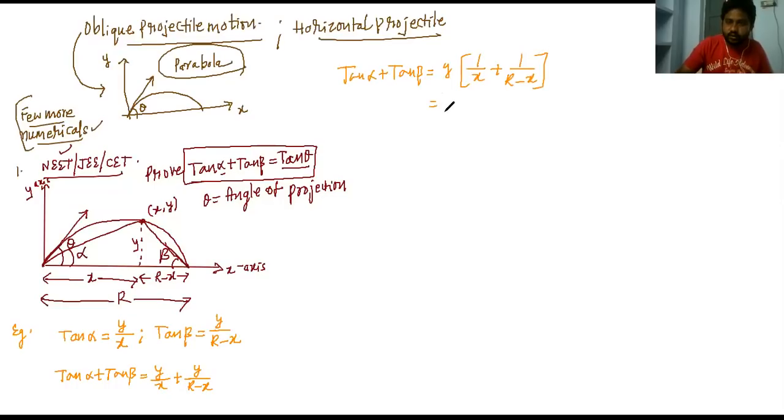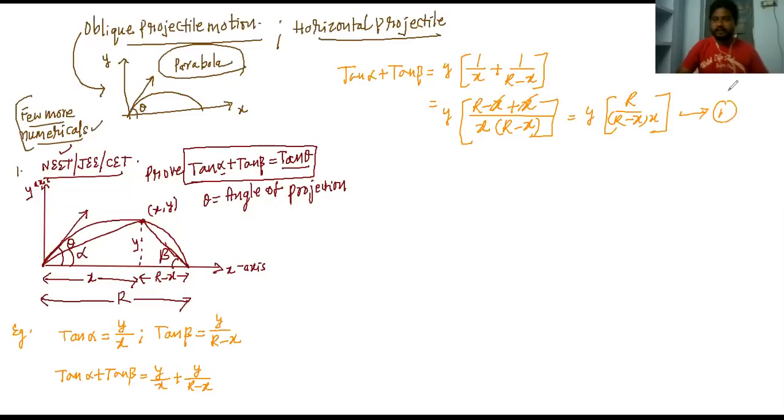The LCM is x into R minus x, and the numerator we get is R minus x plus x. Carefully see, the minus x and plus x cancel, and you get y into R by x into R minus x. This is equation 1, which is tan alpha plus tan beta.